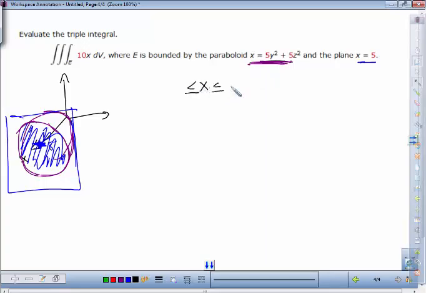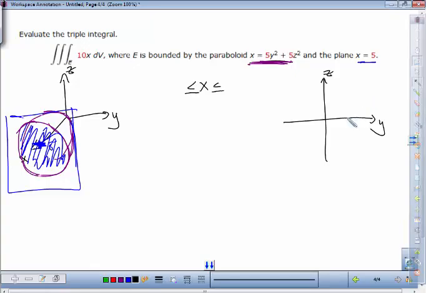And at this point, for the other two, we're going to need to take a look at them in 2 dimensions. Since we're going to integrate with respect to x first, our 2-dimensional problem will be the other 2 variables that we're not using, so y and z. And what you need to do is imagine what the shadow of this is going to look like on the yz plane. Can you imagine what the shadow of this might look like?